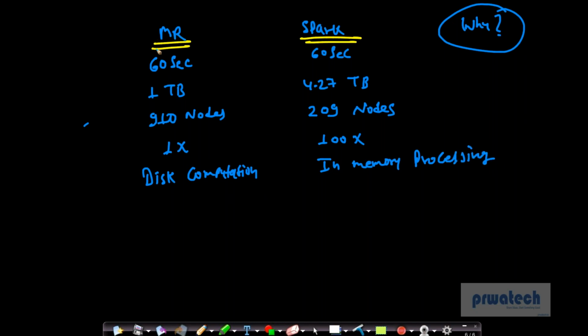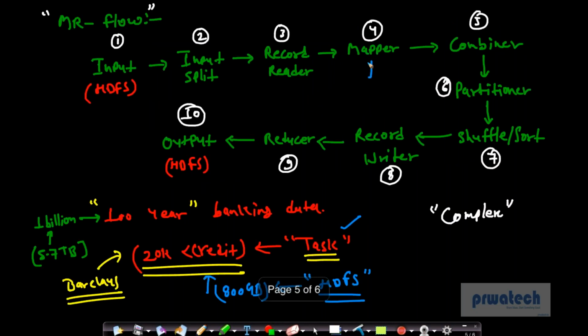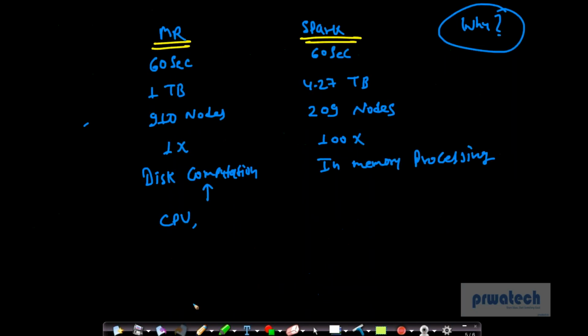I'm not comparing Spark and MR. I'm comparing this disk computation and in-memory processing, because disk computation means the processing is in CPU, but the intermediate output of this mapper is going and storing in your local disk.